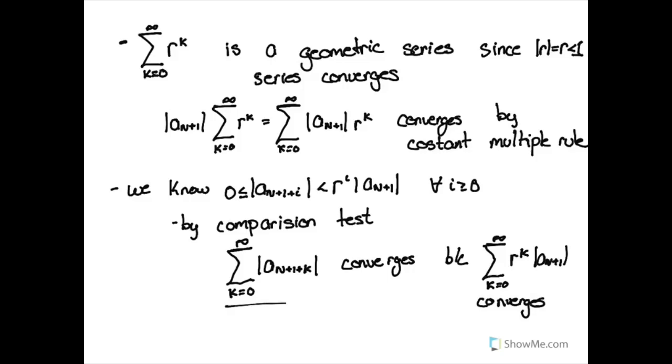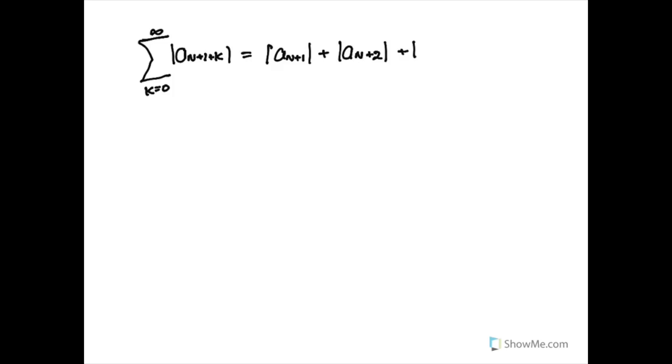And what is this series here? So if we expand this out on the next page, we have the series of |a_{n+1+k}|, absolute values, k equals 0 to infinity. Well, when k is equal to 0, it's just a_{n+1}, plus a_{n+2} for the k equals 1 term, plus a_{n+3}, and so on.